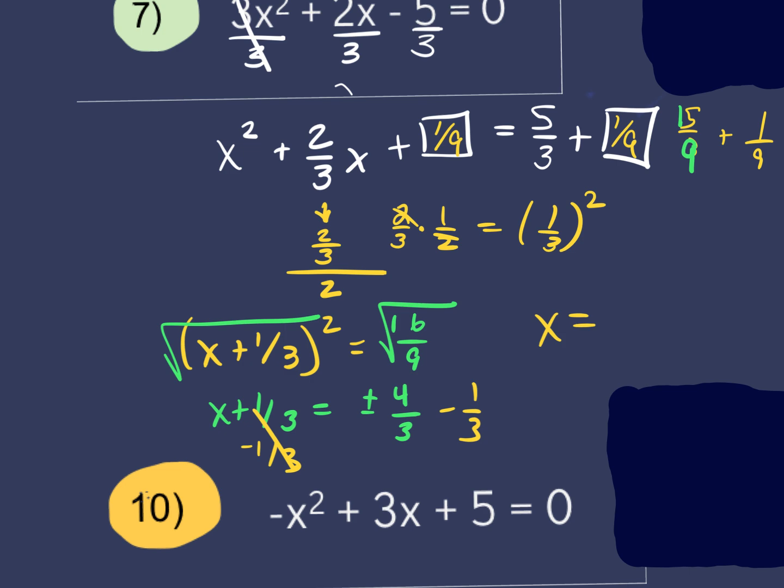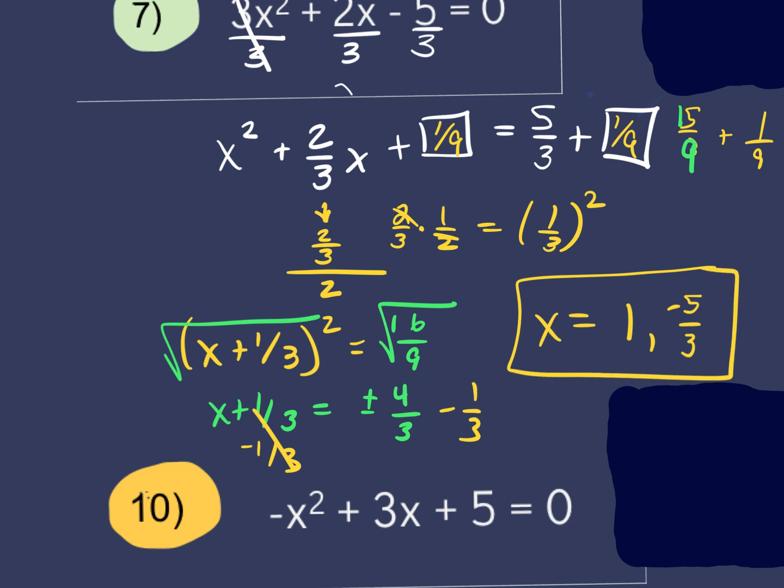No. Guys, if I have positive 4/3 minus 1/3, what does that give me? 4 minus 1 is 3. 3/3 is 1, okay? If I have a negative 4/3 minus 1/3, that gives me what? Negative 5/3. Good. Now, would this problem have factored nicely?